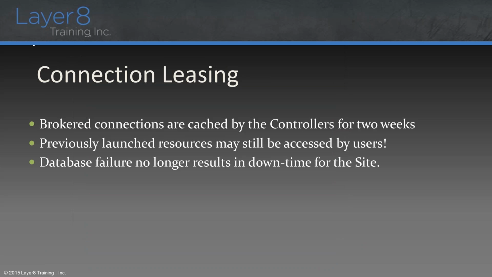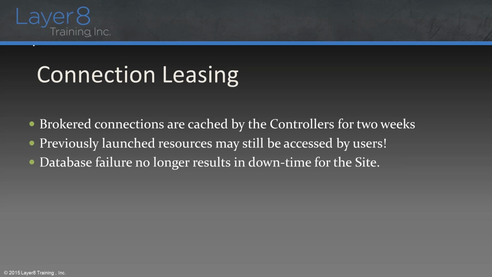In the eventuality that the SQL Server database goes down, the controller will then default over to the connection leasing, and any user connecting to a previously launched resource will be sent into the last connection that they had for that resource.